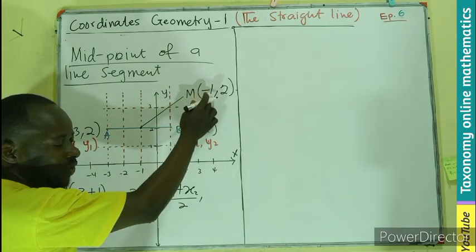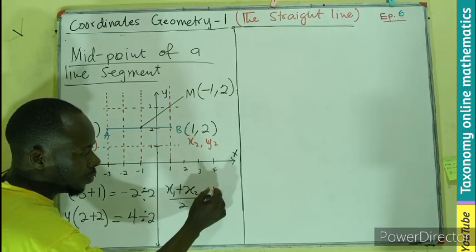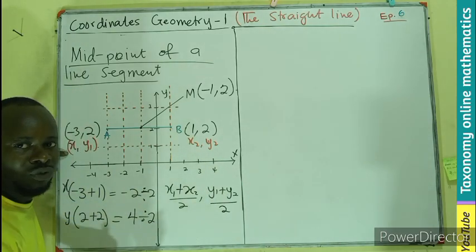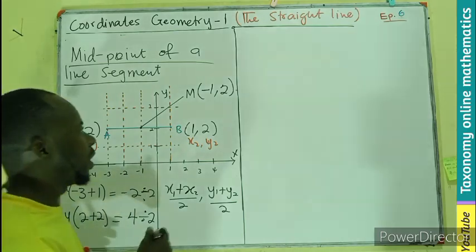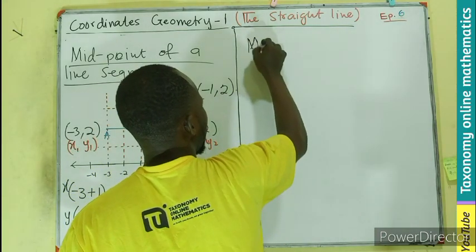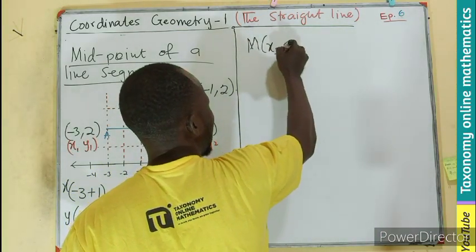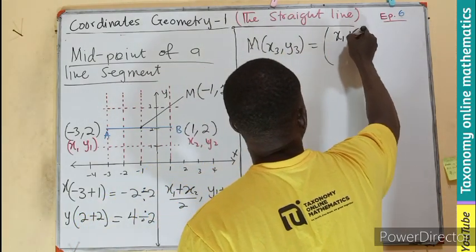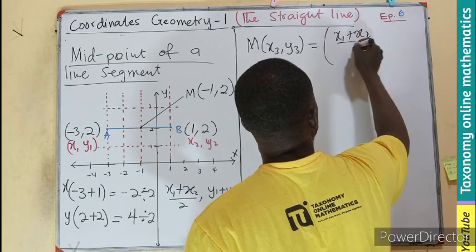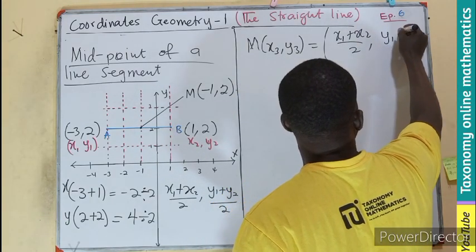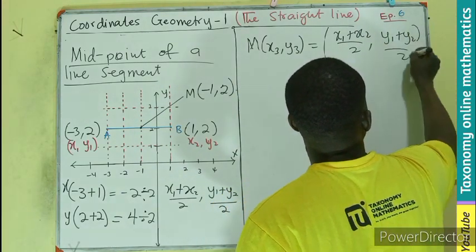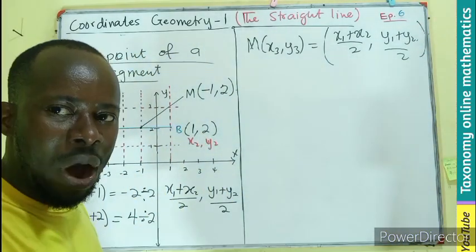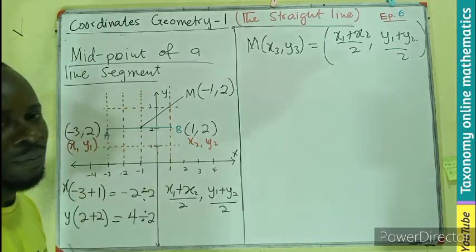Then that gives us the x coordinate. The y coordinate will be y1 plus y2 also divided by 2. That gives you the midpoint. So in finding midpoint, let me use x3, y3 will be given as (x1 + x2)/2, (y1 + y2)/2. So this gives us the formula for finding the midpoint, so that's referring to line segment.